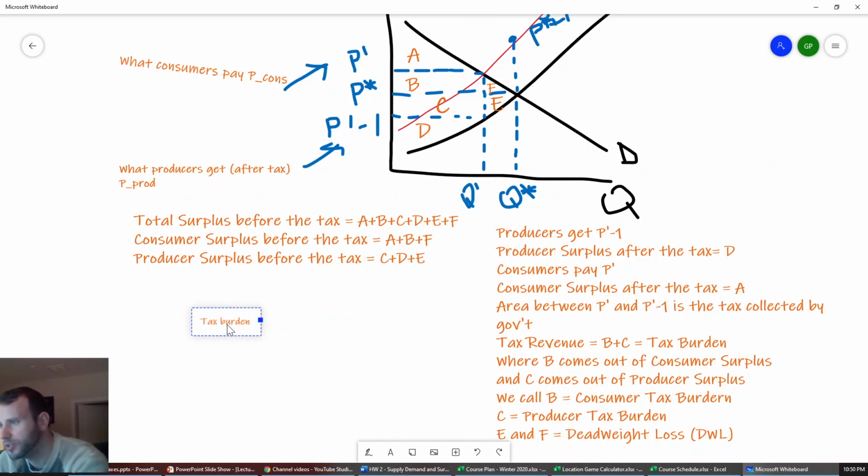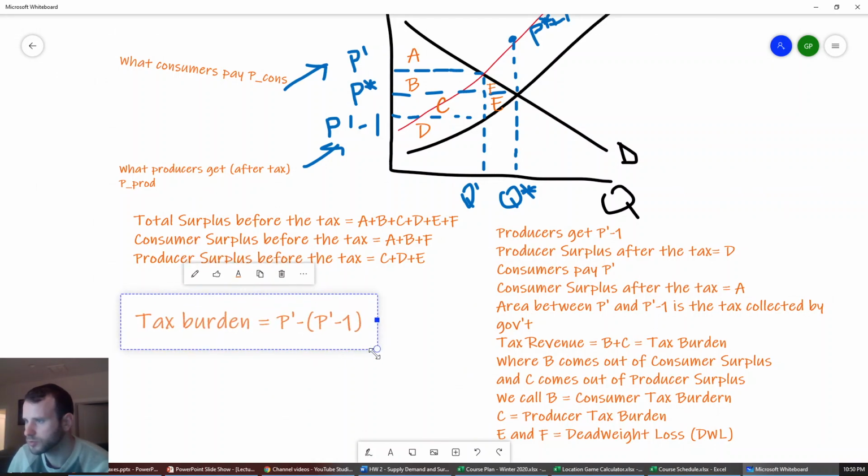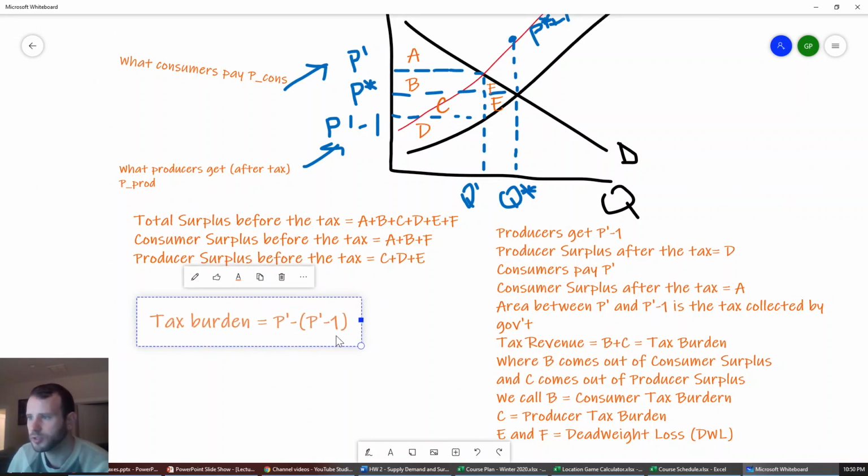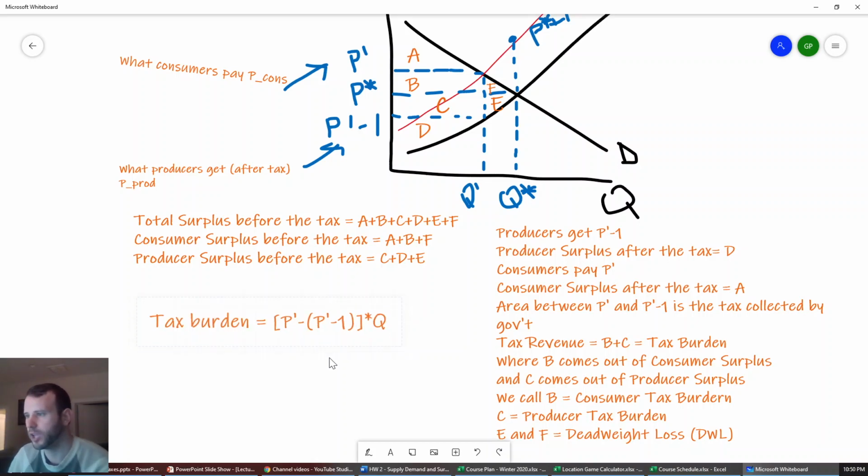Tax burden is equal to P prime minus P prime minus 1, for one individual unit. For the total tax burden, it'll be times your Q.